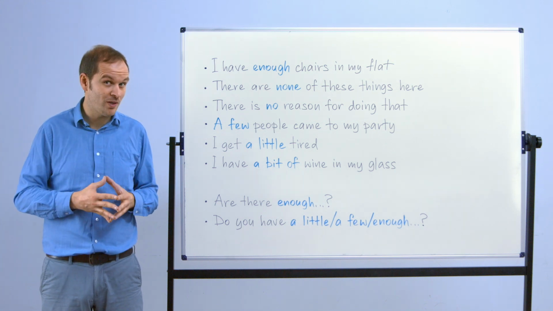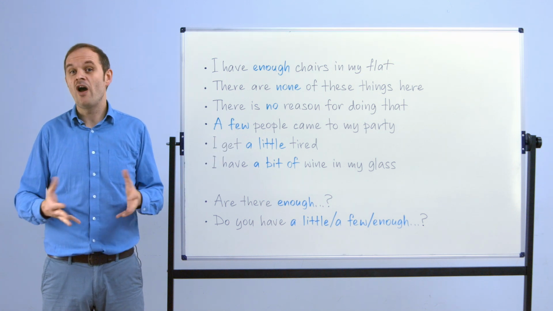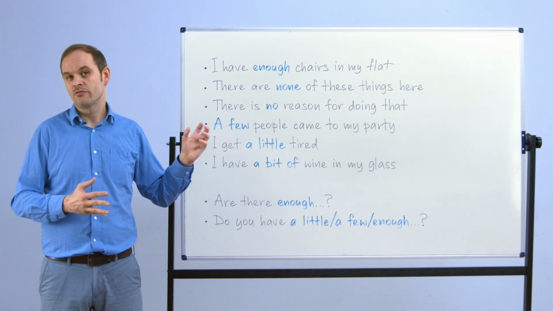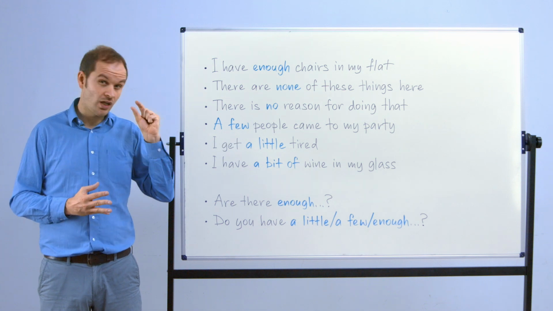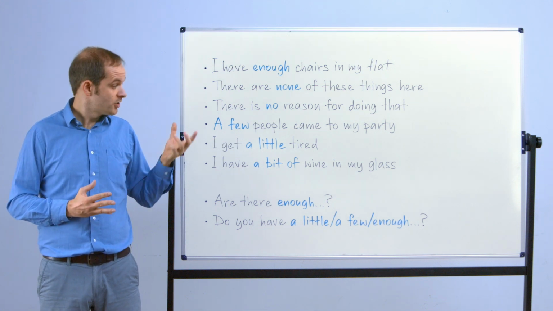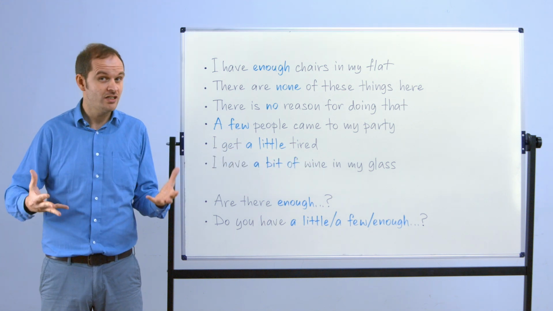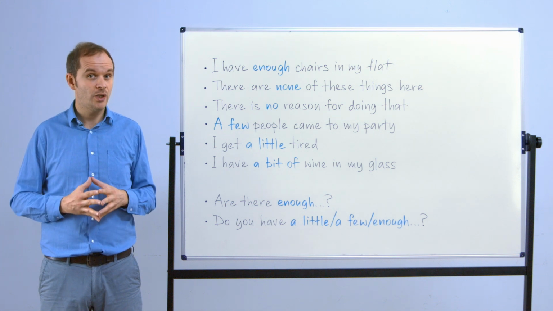If you're having a small party, a few people came to my party would describe, who knows, 5 or 6 people. I get a little tired. So here we're not necessarily talking about a negative situation. We're talking about a small number of something. In this context, I get a little tired, meaning I'm not very tired. So in certain situations, this isn't necessarily a bad thing.